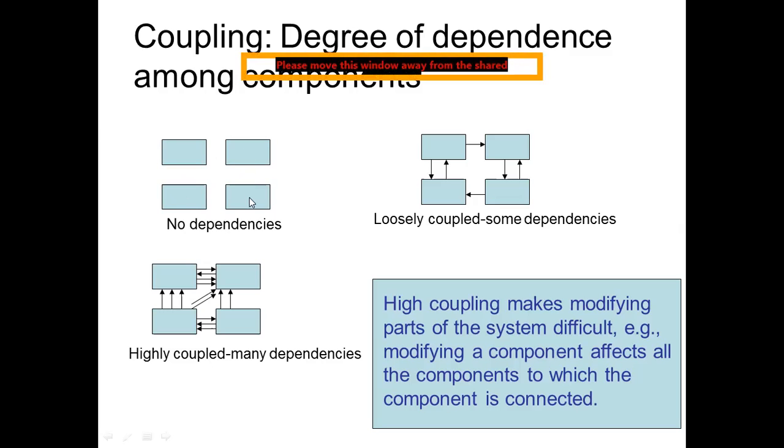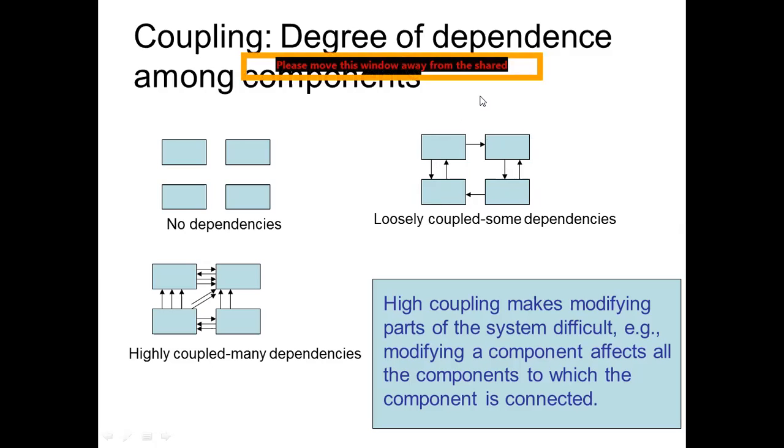Now come to this side: no dependencies, no connectivity here. It means we can say no coupling here. Zero dependency means lowest coupling, because the strength of the coupling here is 0. Now come to this side: loosely coupled, some dependencies. Again, there are 4 components in a module.